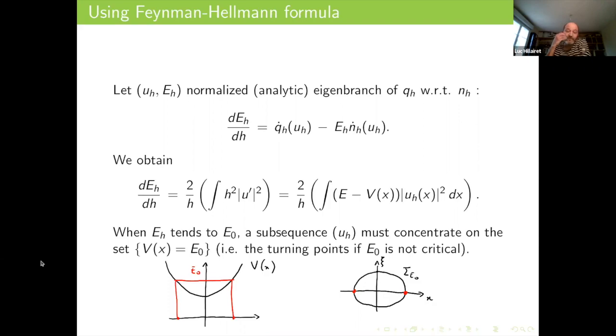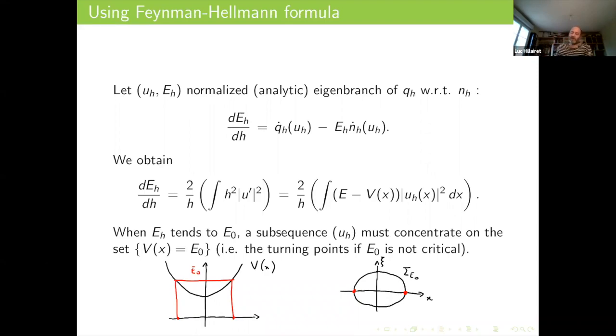And so if E0 is a limit of an analytic eigenbranch, then you must be able to construct a subsequence u_h that concentrates on the turning points.